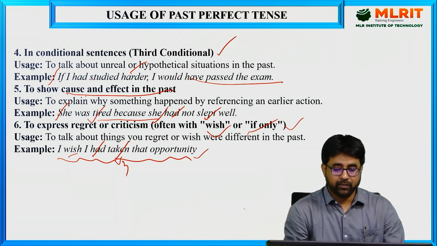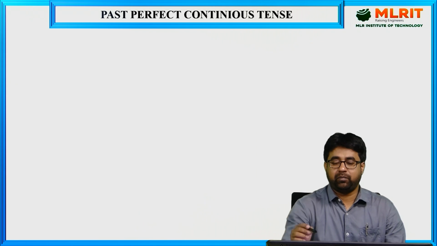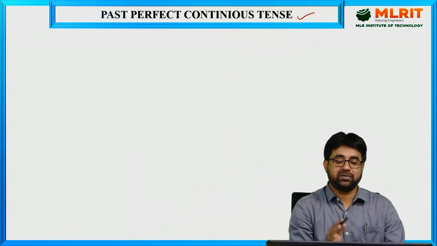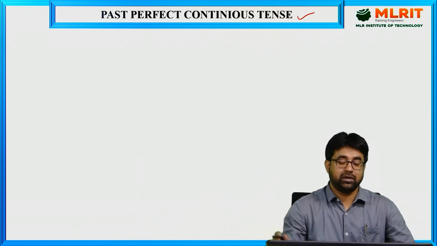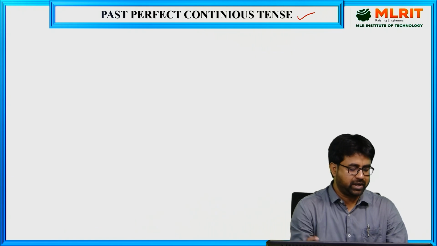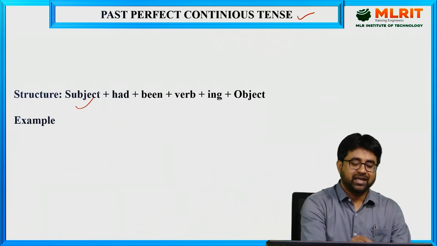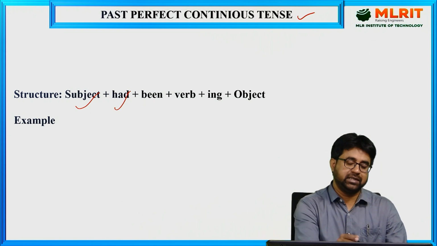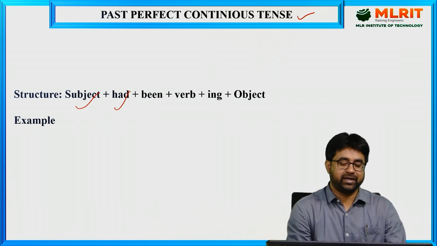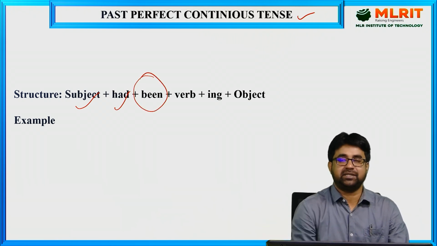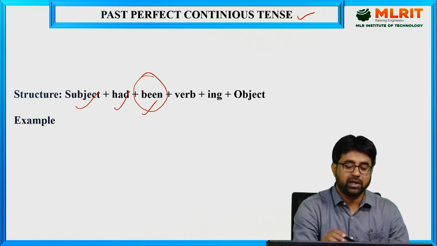Now let's come to the last aspect of past tense, that is past perfect continuous tense. The longest one. Obviously it would be a little complicated, but not that much. Fine. First see the structure here. Subject, then had. So this is similar to past perfect tense. Now this thing is different. We have to add this word been.